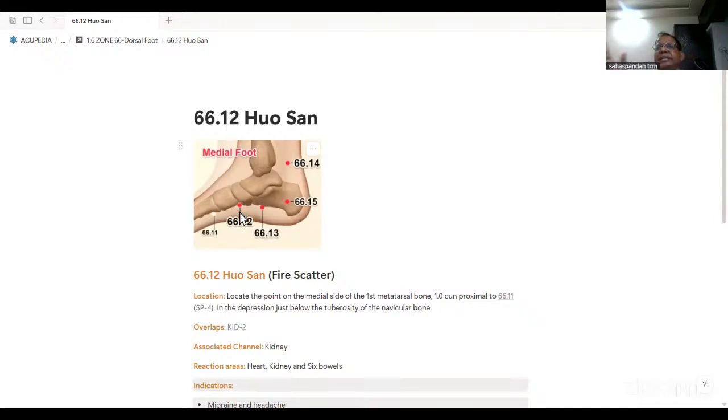Then pericardium 6, you know this point location. GB60, you know this point location. Then the guide points are GB4, GB5, GB20, and DU20. So guide points are also always needled on the same side.